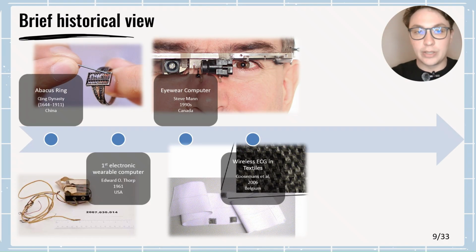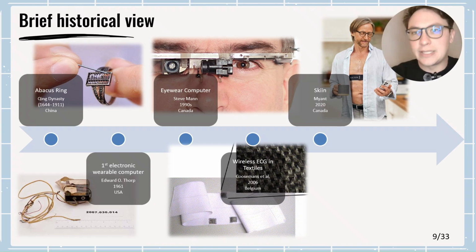In the early 2000s in Belgium, Coosemans and others were actually able to fabricate the very first wireless electrocardiogram system in a textile, which basically became a business. I decided to report here this company based in Canada, which is basically capable of commercializing this scheme.